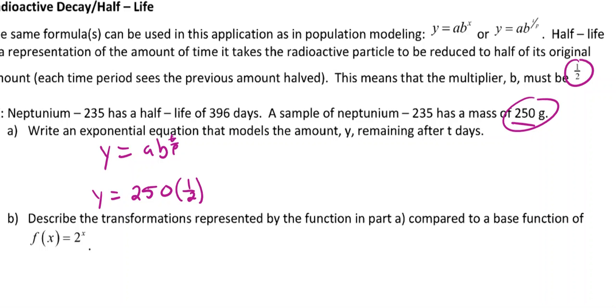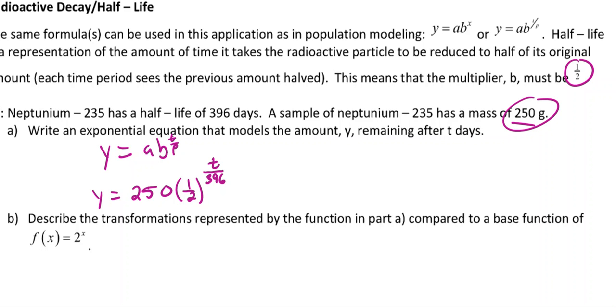And then our t, well, let's do the bottom number first. What should the p value be? Yeah, 396 days. And then you could put an x or a t up top if you like. I'll keep it as a t. And there you go. That's our equation.